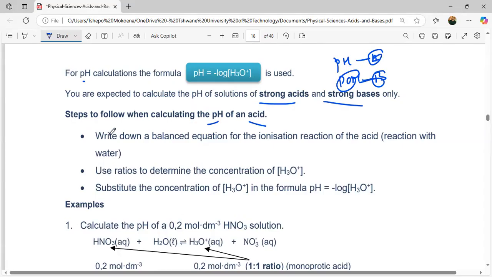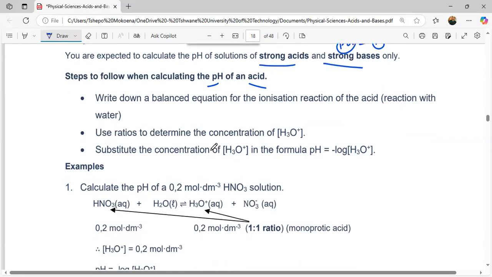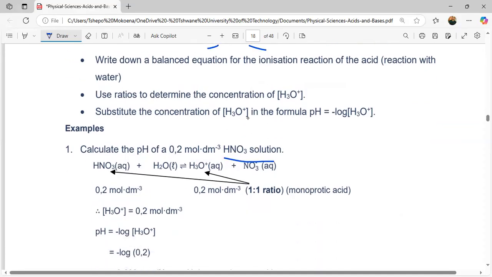That's why here we are looking at the steps to follow when calculating the pH of an acid. So let's see how we are going to do it. They say calculate the pH of this acid. You are given the concentration of the acid. So now let's go step by step. Here's the chemical reaction of HNO3.